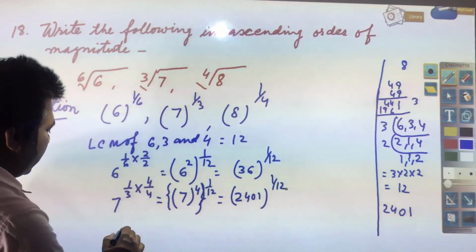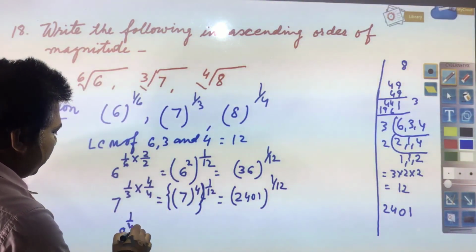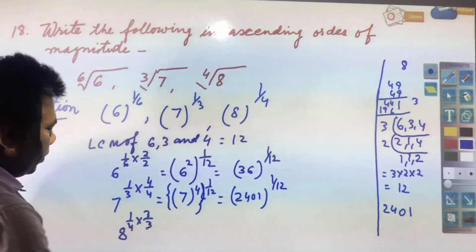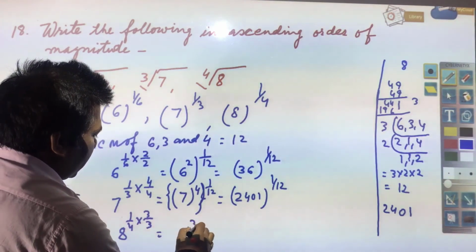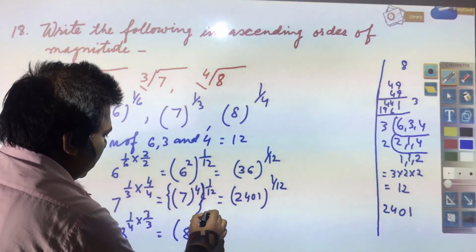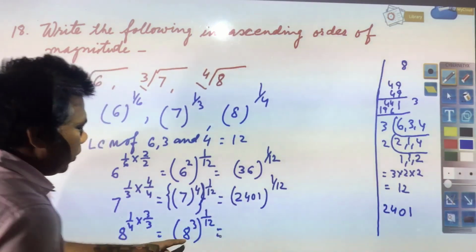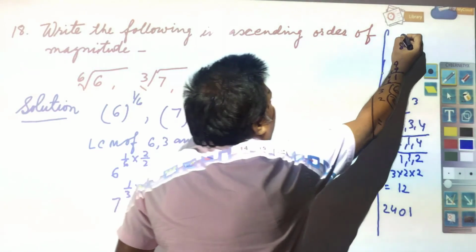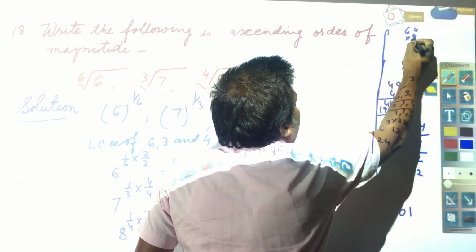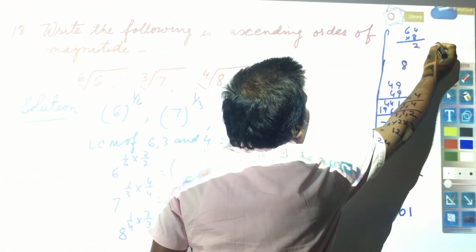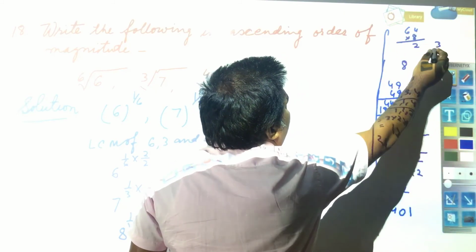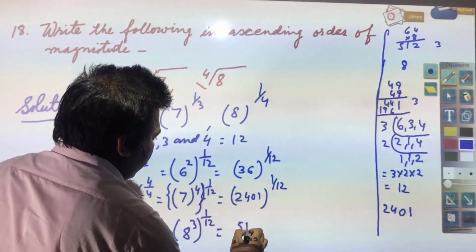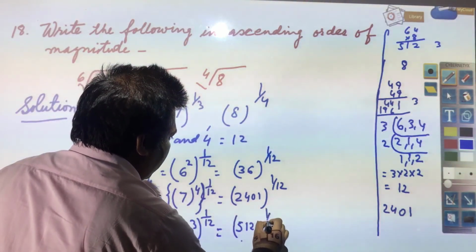Next number you have 8 to the power 1 by 4 into 3 by 3, so that it will become 12. So, it will be 8 to the power 3, to the power 1 by 12 and that is equal to 8 8s are 64 and 64 into 8, 8 4s are 32, 8 6s are 48 and 3 is 51, 512 to the power 1 by 12.